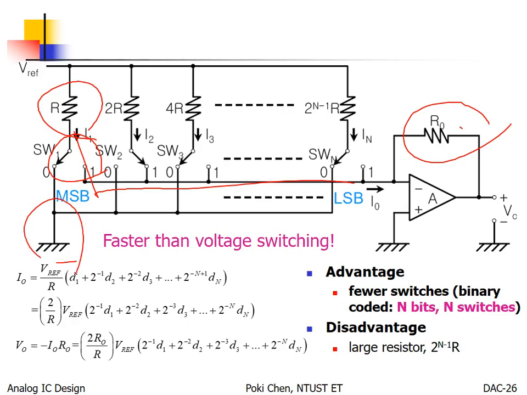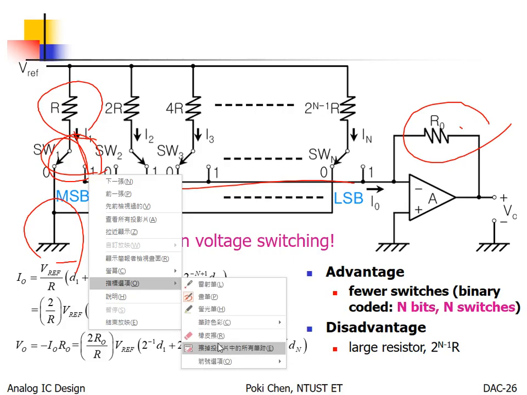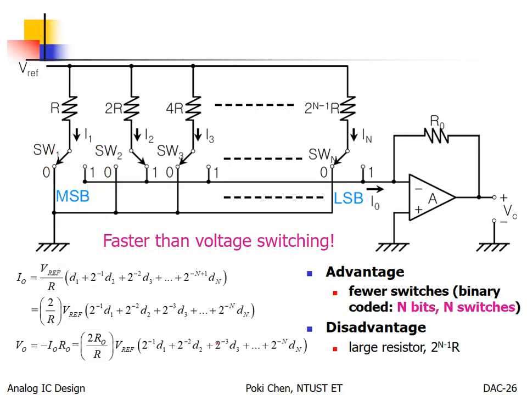Okay? So it means what? Again, the current is always flowing. It never be cut off. It is either directed to the left or directed to the right, but it never be cut off.